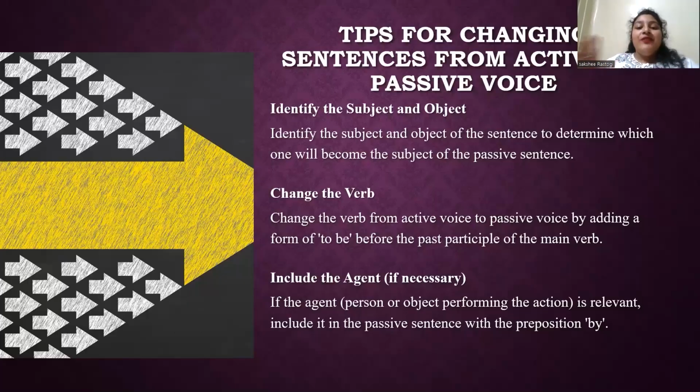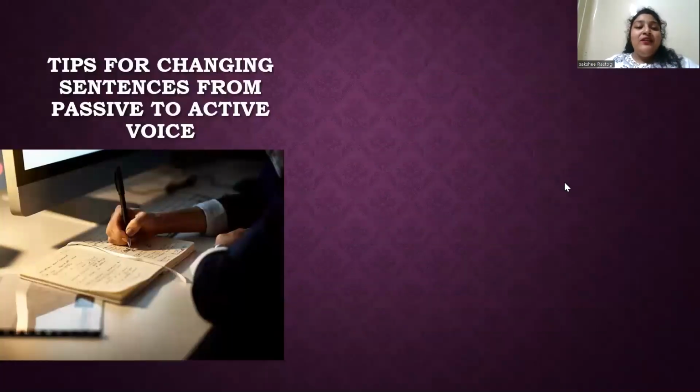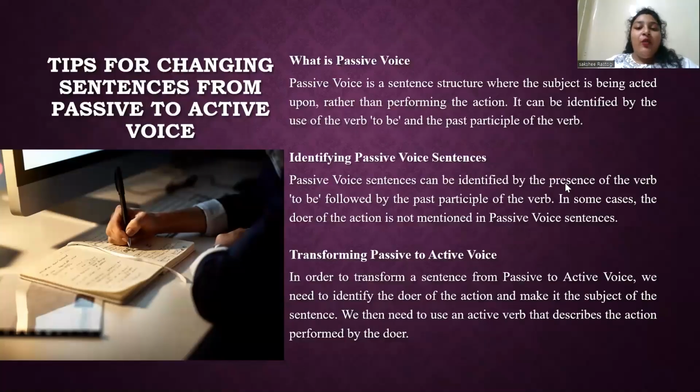Be mindful of sentence structure and clarity when including the agent. By including the agent with by, you can maintain clarity and precision in your writing, even when you are using passive voice.